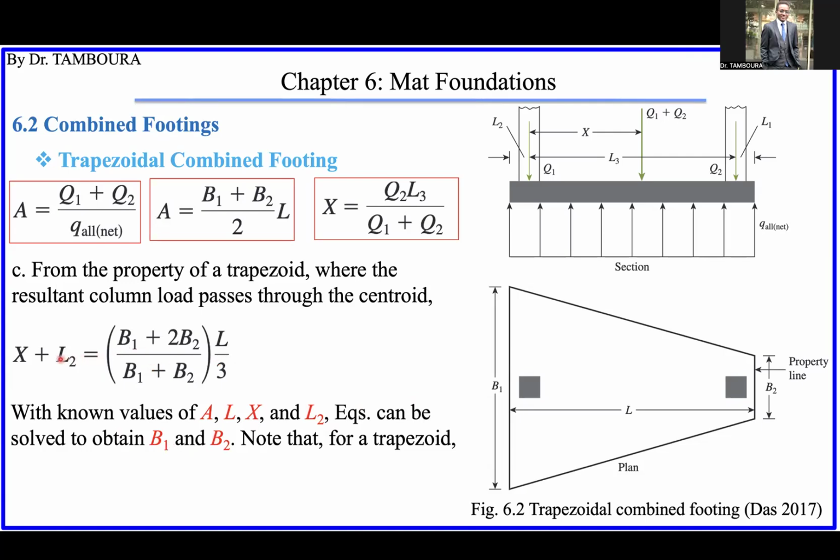If you take this equation and maybe this one, for example, you put them together, you will have two equations with two unknowns. Okay, two equations with two unknowns. So that can help you to find out the value of B1 and B2 easily.